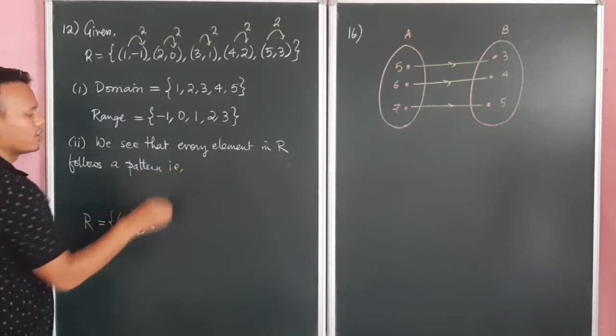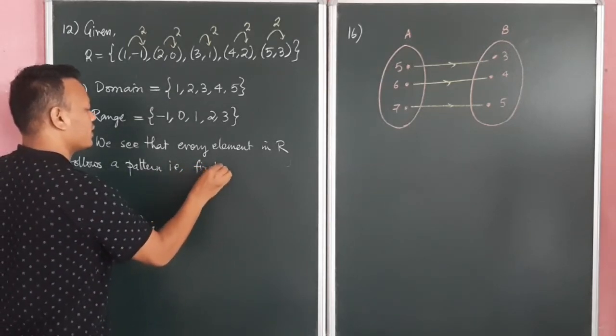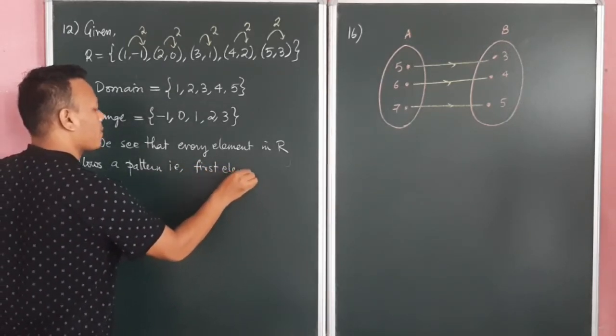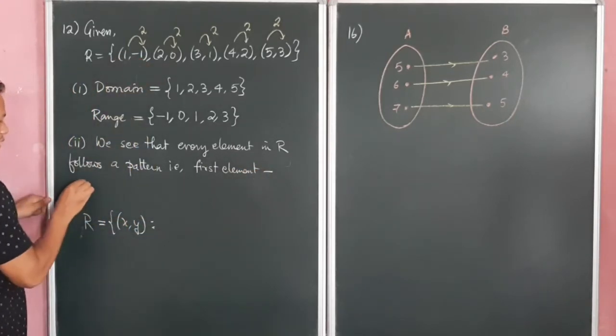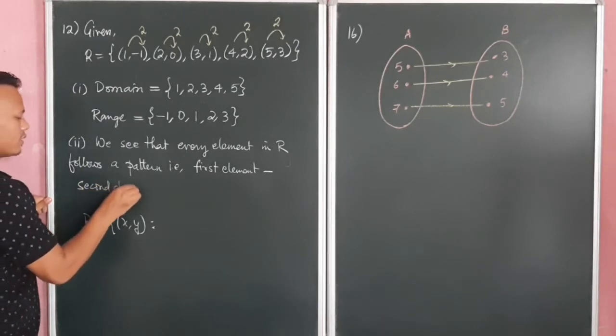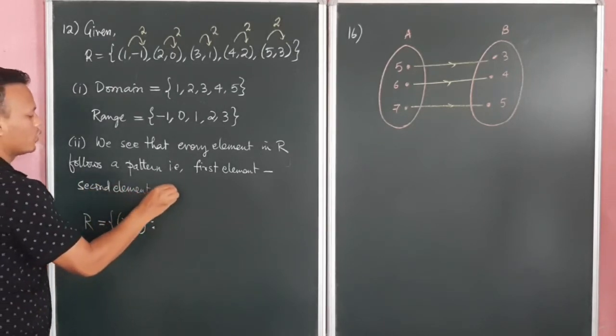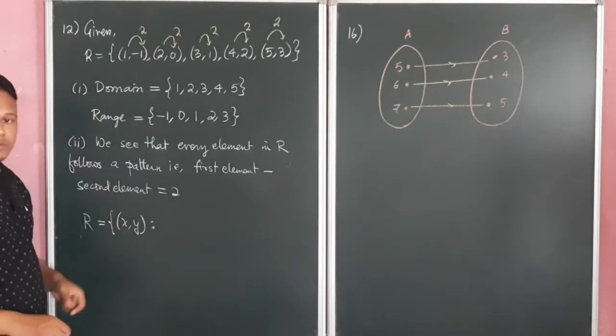That is first element minus second element is equal to how much? 2. So this is the pattern that we see from the given relation.